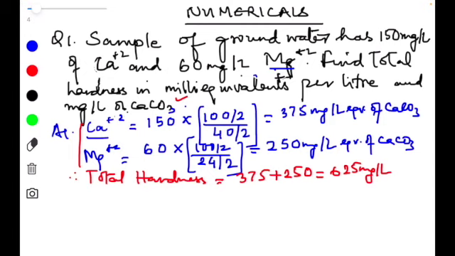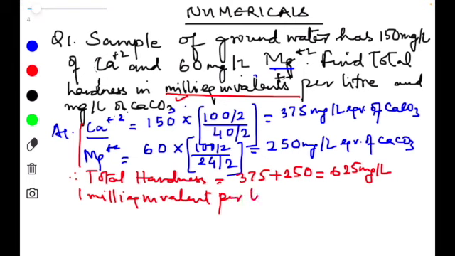What is left that I have not done up till here? Milli equivalence form. What is milli equivalent per liter? So actually milli equivalent per liter means what? 1 milli equivalent per liter. See, when it is mentioned equivalent, it means we are equating it with something.